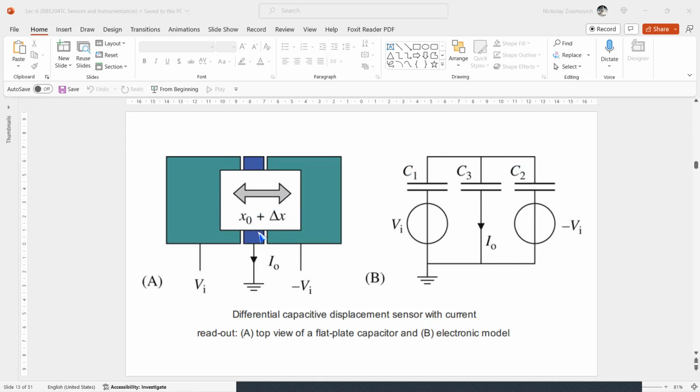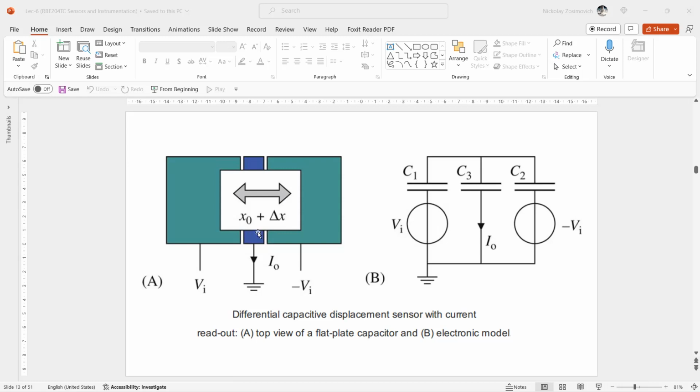Its phase is either plus pi over 2 or minus pi over 2, according to the direction of the displacement. It should be pointed out that proportionality only holds when fringe field effects are small, or when these fields are eliminated by a guard.